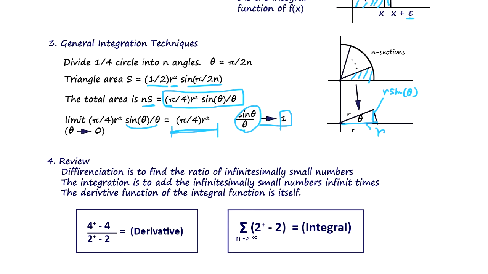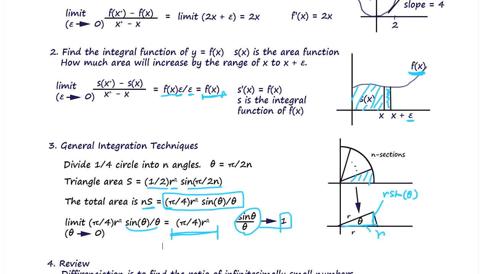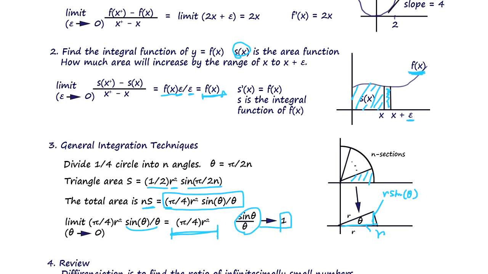It's nothing to do with the derivative. Okay, but in the second example, we kind of associate the derivative and integral. This is true most of the time, but the integral concept itself is independent from the derivative.